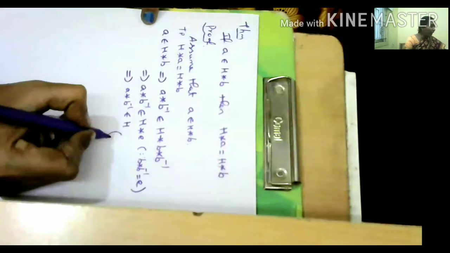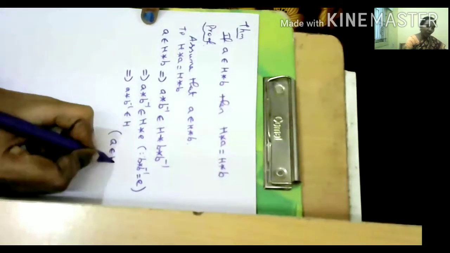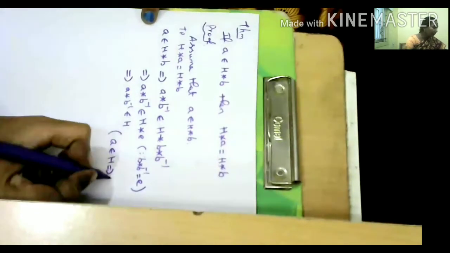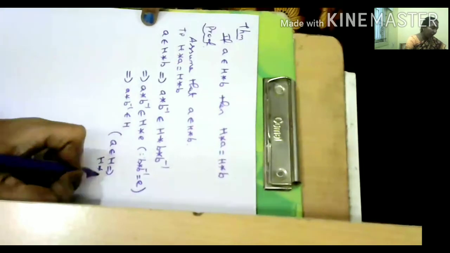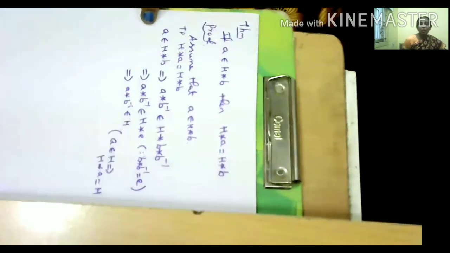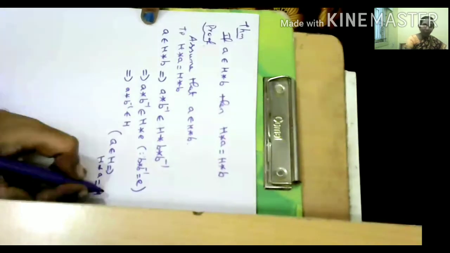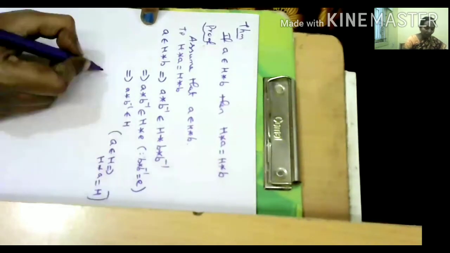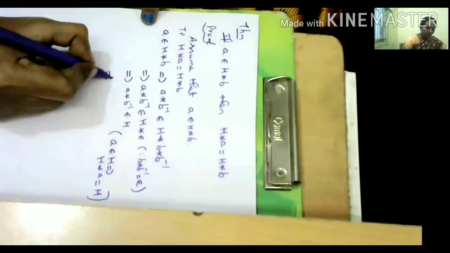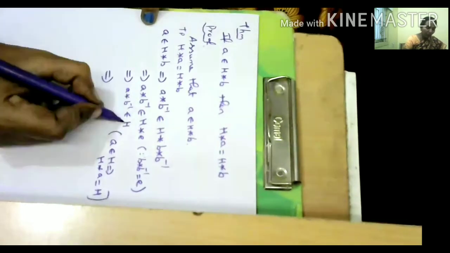The property says a belongs to H implies H star a equals H. So by applying this property, a star b inverse belongs to capital H.